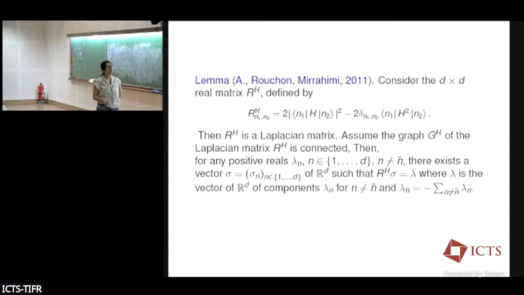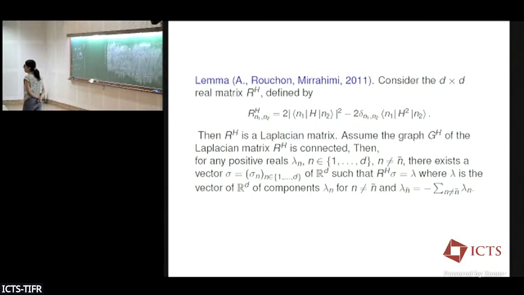Then here we construct a Laplacian matrix. I'm not sure if you are familiar: the Laplacian is the matrix which is positive on the diagonal and negative off the diagonal, and the sum of any row and any column is equal to 0.